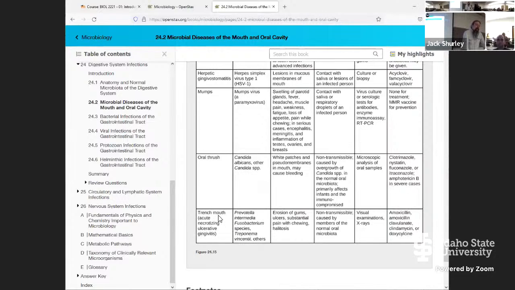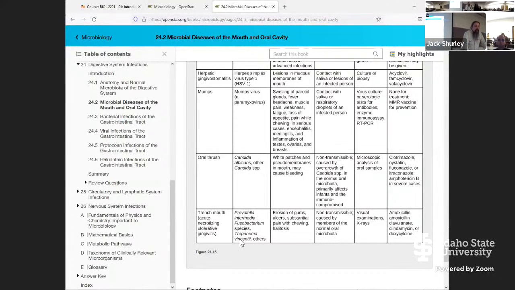We talked about trench mouth as well. There are a handful of bacterial culprits that can cause this. The trench mouth was also acute necrotizing ulcerative gingivitis. And looking at this last one, Treponema vincentii, it's also called Vincent's disease, all right? Giving credit to him. I don't remember all of those details.